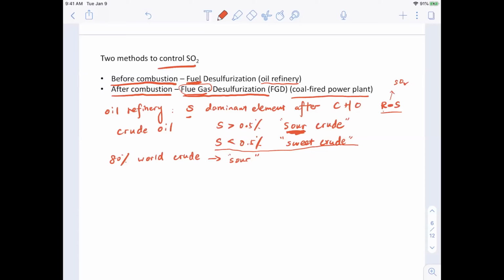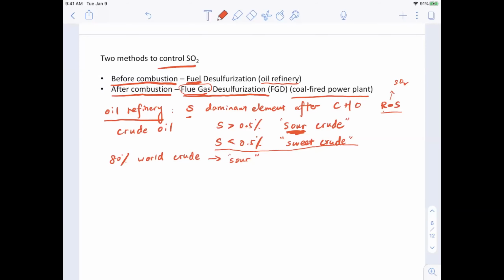And if there are some glitches or some problems with the emission control, then we might be emitting a lot of sulfur dioxide into our neighborhood. And then that might cause some health issues to the people, right? And further cause some more complexities there. So that's why the oil refinery prefers to deal with the sulfur before the products are delivered to the customers.